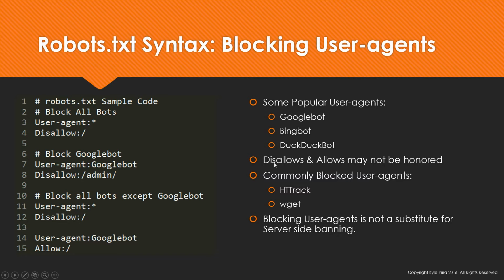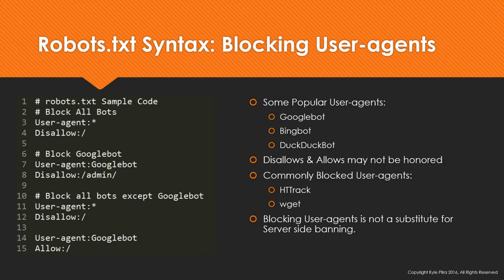By the way, disallows and allows and any other tags that you put in your robots.txt file are not the same as bans or blocking an IP. They are requests that robots not go in certain areas of your website, but it's totally up to the robot whether they obey.